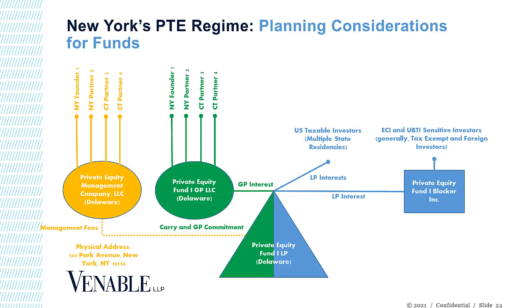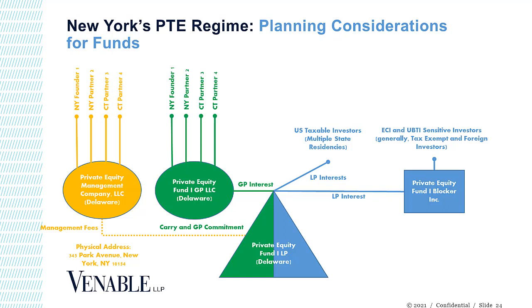This is done primarily for New York City unincorporated business tax reasons, a different SALT issue, but that is why you usually see a separate flow-through entity for the management fee income apart from the carry. So you're bifurcating those two income streams.